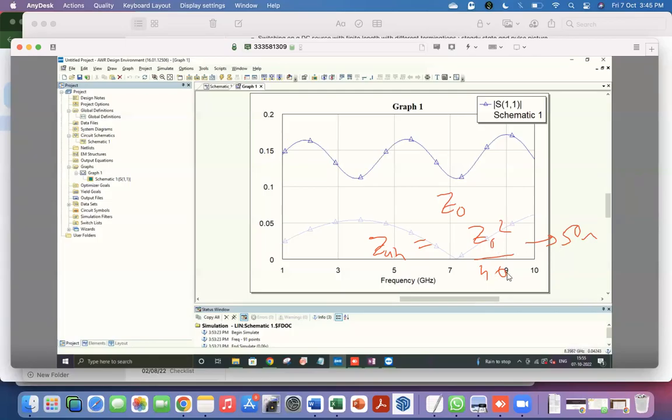If you calculate what Z naught should be in order to get a match, it's the square root of 2000, right? So it's not matching. What does that mean?